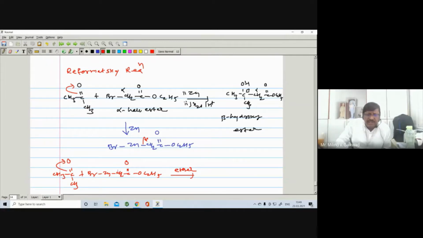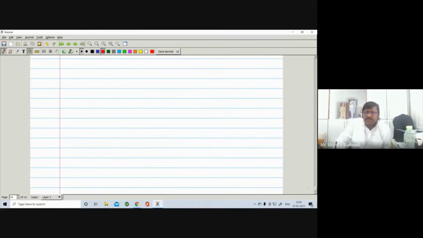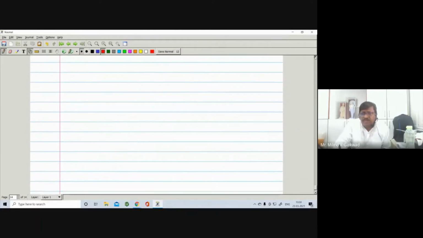So this C negative will attack on this C positive, and Zn positive will attack on this O negative, and there is a formation of CH3. Here is a CH3, here is O, then there is Zn and here is your CH2 C double bond O OC2H5, right? Now next one, in the next case what happens, it undergoes hydrolysis, right?